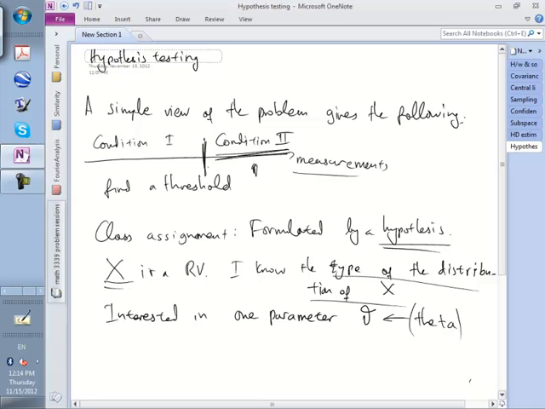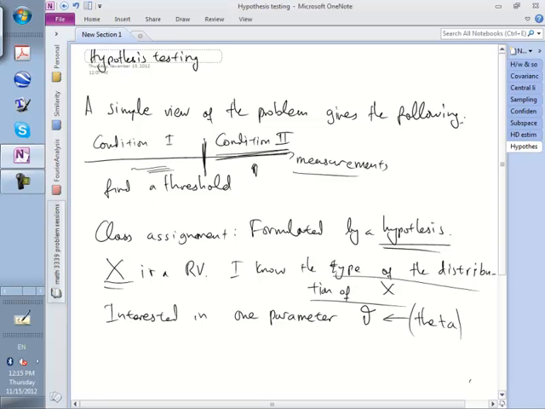If my measurements fall to the left of the threshold, then you would say that my random variable x has a parameter theta whose value doesn't fall into condition 1, but it falls into condition 2, into the range. Let's call the range of values of theta condition 2. This is pretty much the hypothesis testing problem.